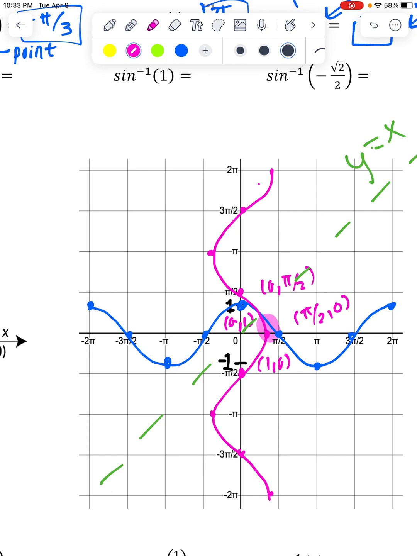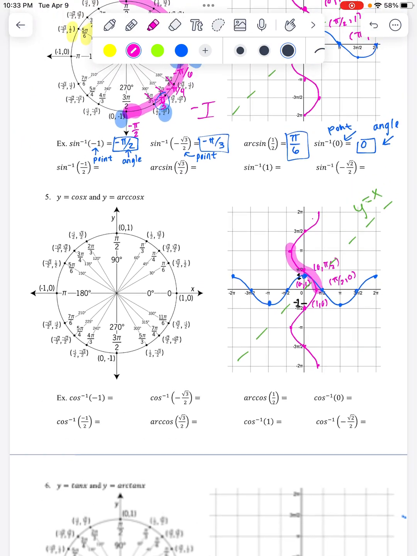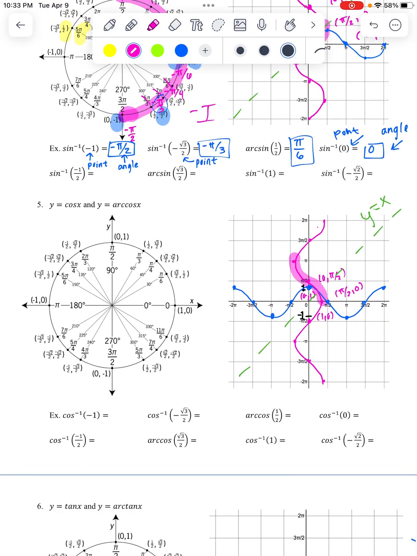So I'm going to restrict this to go from 0 to pi, and the reason I do that is because on this little chunk here, it would pass the vertical line test. So if I go back to my unit circle, I'm going to think, okay, 0 to pi. That's my first and my second quadrant. So my answers to our cosine function problems are going to be in the first and the second quadrant. So I'll do a couple examples for you here also.